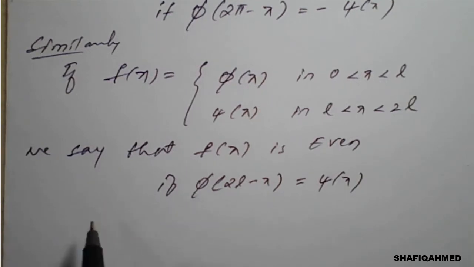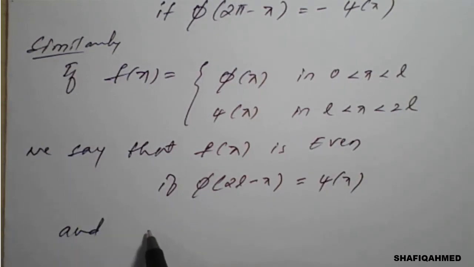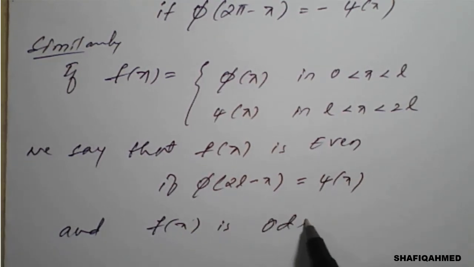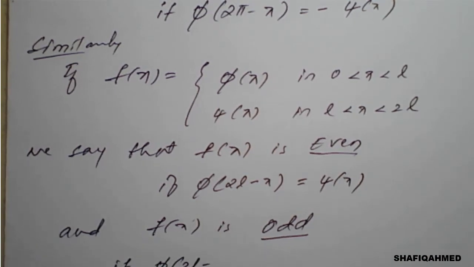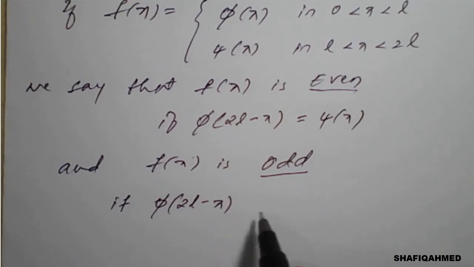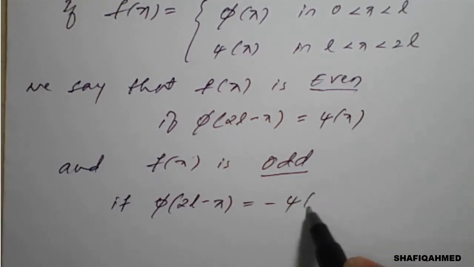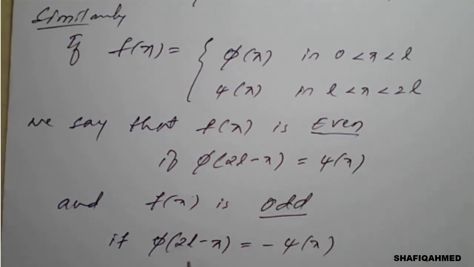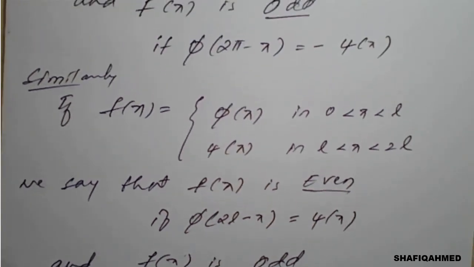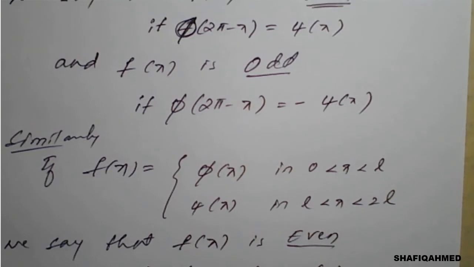And f of x is odd if phi of 2L minus x is equal to minus psi of x. It is the same, only instead of pi we have L. So while solving, we first need to calculate the value of L, then apply it here. This is for periods 0 to 2 pi and 0 to 2L.